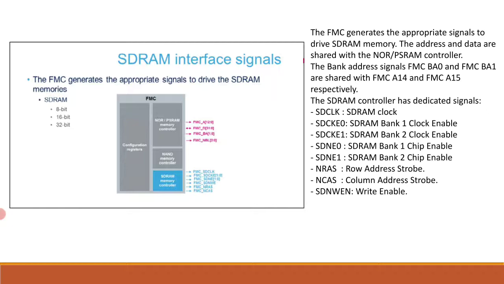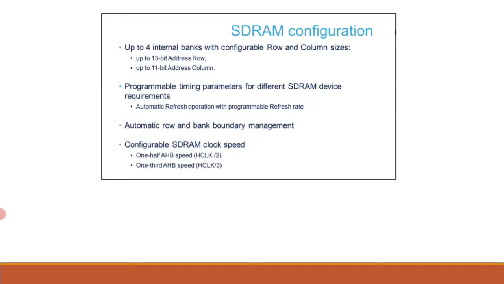And then we can move on to the SDRAM configuration. We are going in the same sequence as we went with the NOR. The FMC controller offers 2 independent SDRAM banks to support separate external memories. Each bank has an independent chip select and an independent configuration, as we discussed earlier.